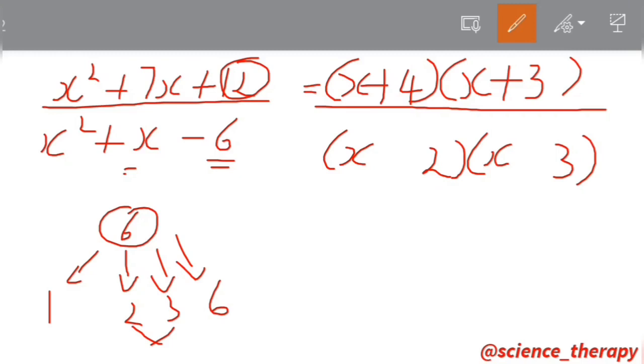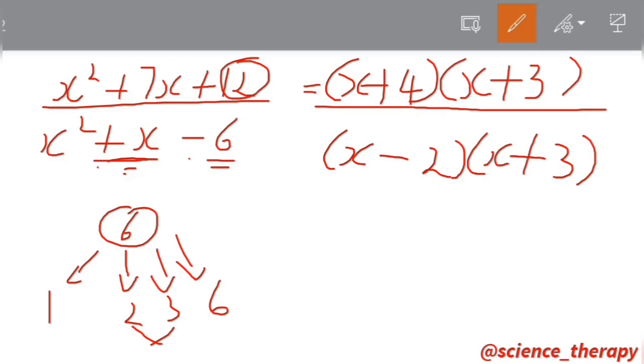Now remember, we are guided by the middle term in terms of our signs. Because we have a positive and a negative here, we know in order to get a negative, we must have signs that are not the same. The positive will go to which factor here? That's to go to 3, because the sign of the middle term goes to the bigger number.